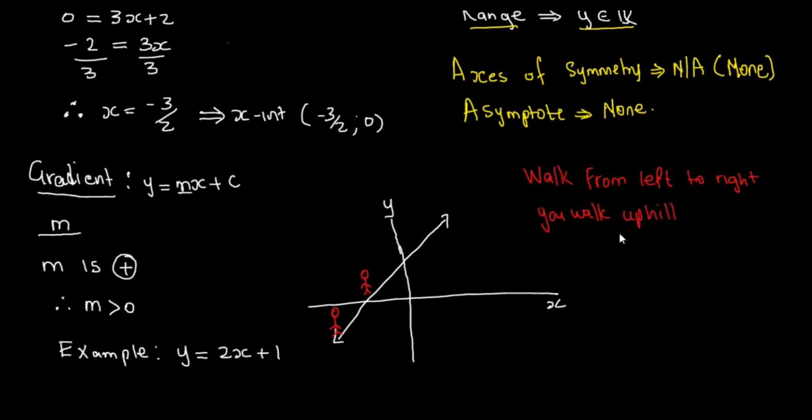You are going upward. So we can conclude that the graph is ascending. When we say ascending, we are saying that this is an increasing graph.